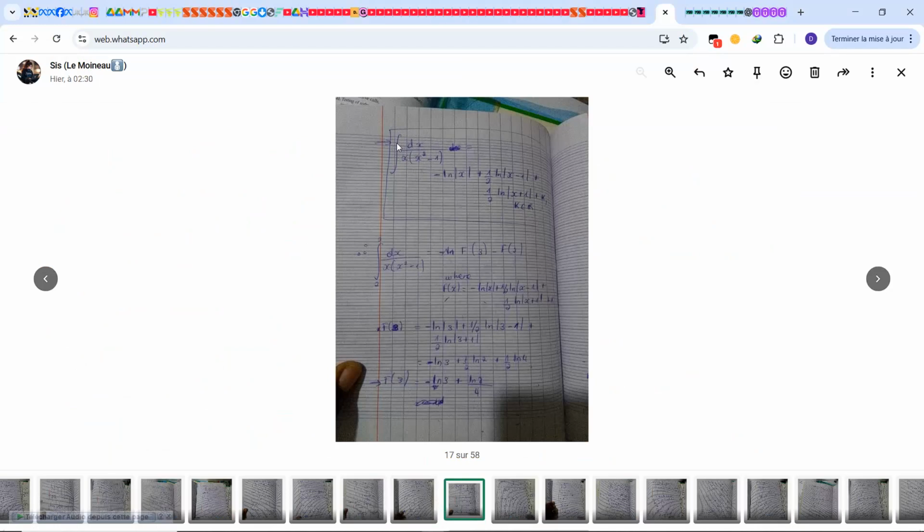You had that the primitive of dx over x times x squared minus 1 was this answer. Look at something. There is a half here, a half at this level, and a half here. Why do you not combine these into one thing to have a simpler expression? If you combine it, things will be simpler. This is what I'm saying.